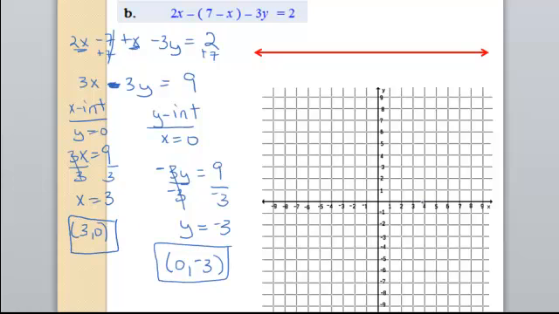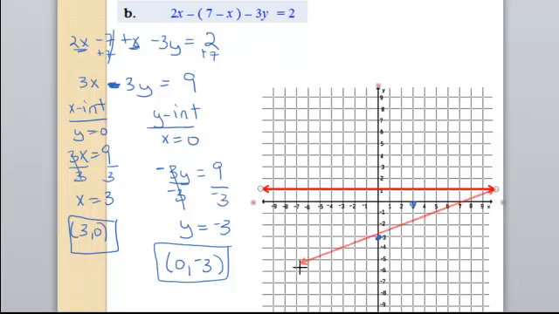Plot these 2 points and draw the line. (3, 0), (0, -3). And grab this line. Let's see what happens. Something like that.